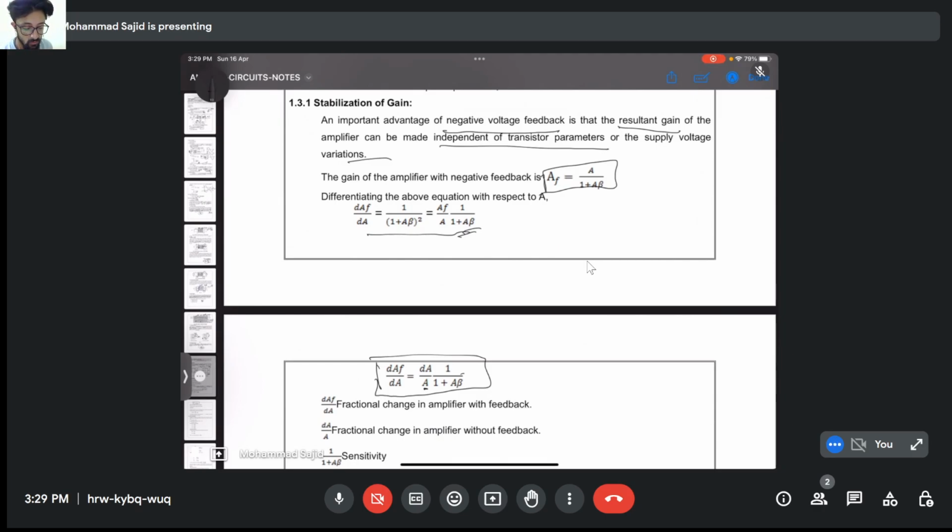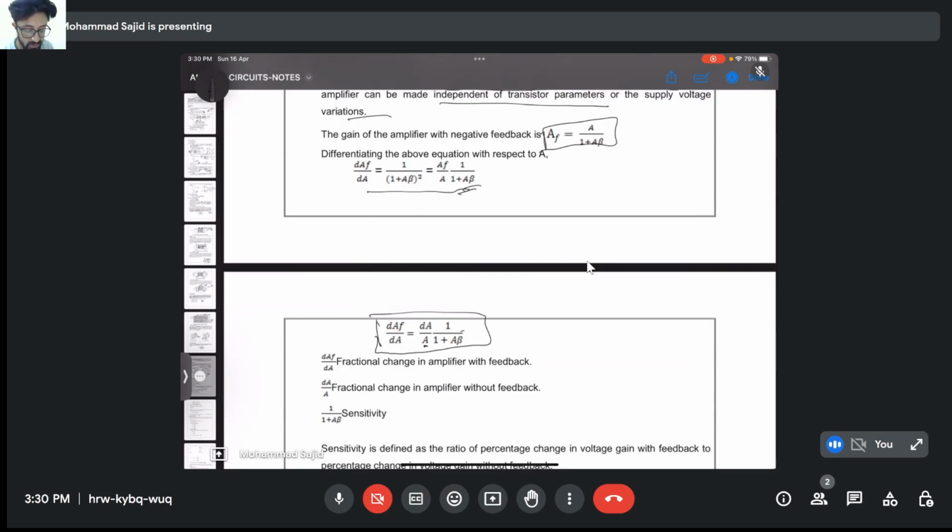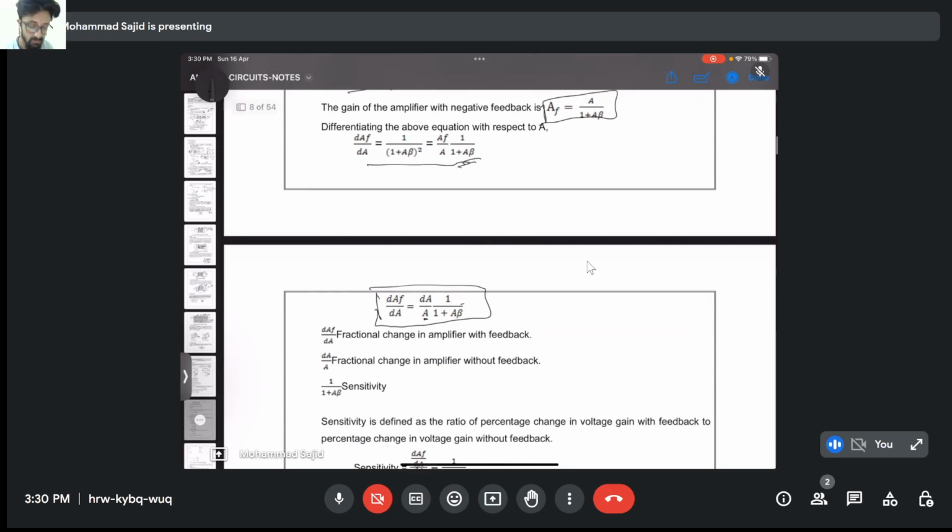Now, this 1 divided by 1 plus AB reduces this change, so this desensitizes the circuit. So sensitivity is given by 1 by 1 plus AB.